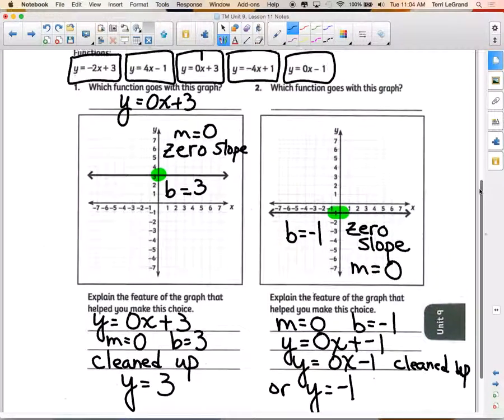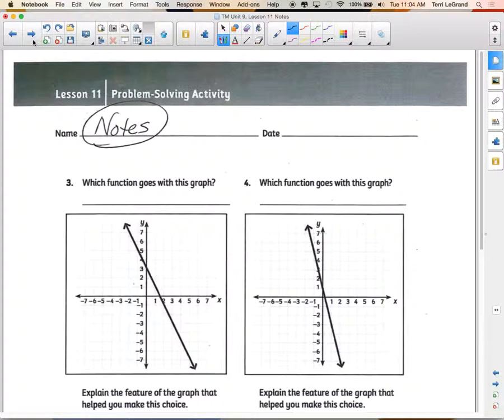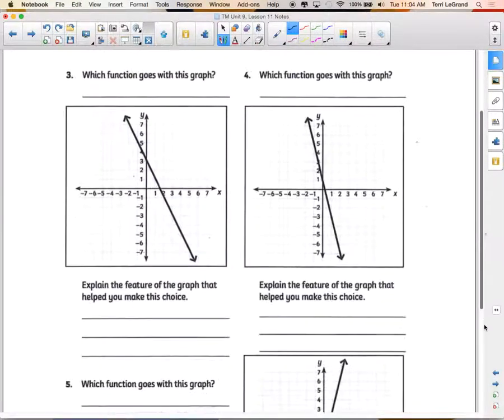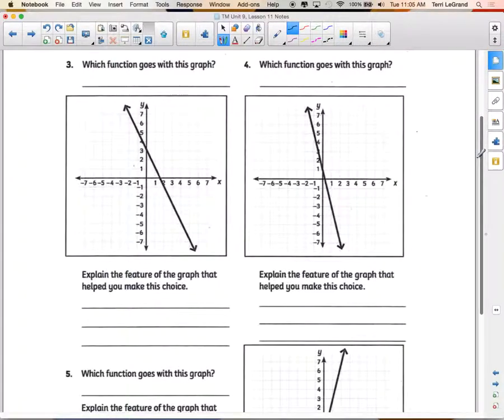Okay, but let's go up here and let's say, okay, well, we match this with graph number 2. And we're going to put it on our line right here, 0x minus 1. Well, we got 3 to go, it looks like. So we're going to have to kind of flip back and forth and check out the equations after we do all the work we need to do. Then we'll go see if it matches anything, okay?